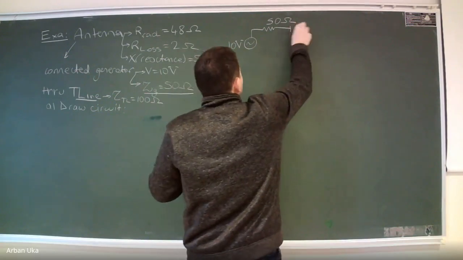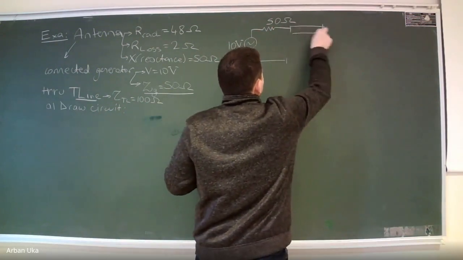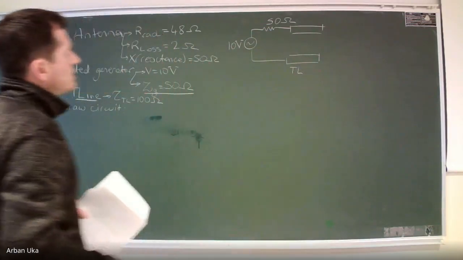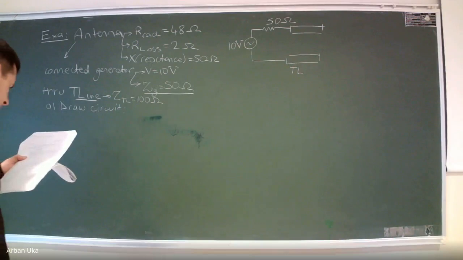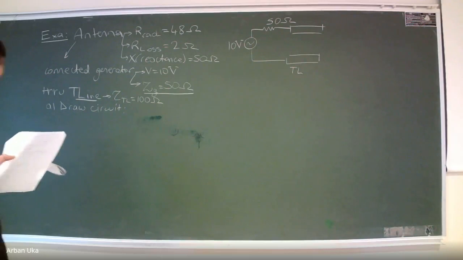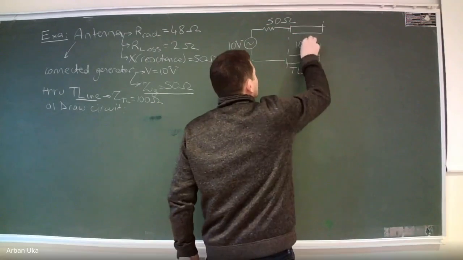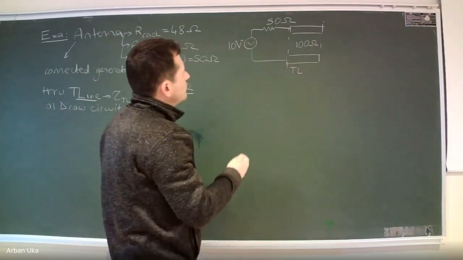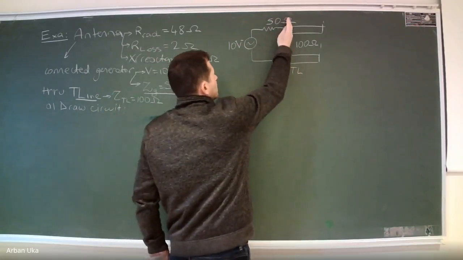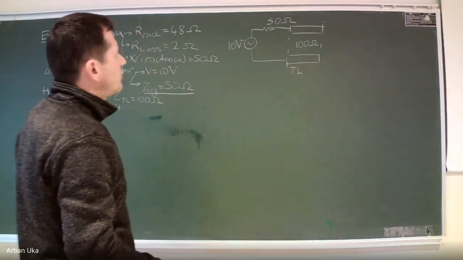Then we can use a transmission line. I just want to denote here that this is the specific transmission line, and let's have a look, the transmission line has an impedance of 100 ohm. So whenever we see this region, we just want to denote that whenever the signal is going from this segment to the other segment, it is going to be faced with an impedance of 100 ohm.